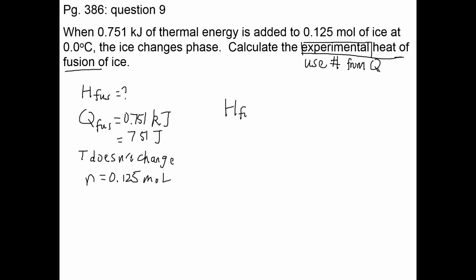Plug in our formula. Heat of fusion is equal to the energy required to fuse divided by the number of moles. We know it's positive once again because it's added. So heat of fusion is... almost made a mistake. 751 joules. I didn't make a mistake.